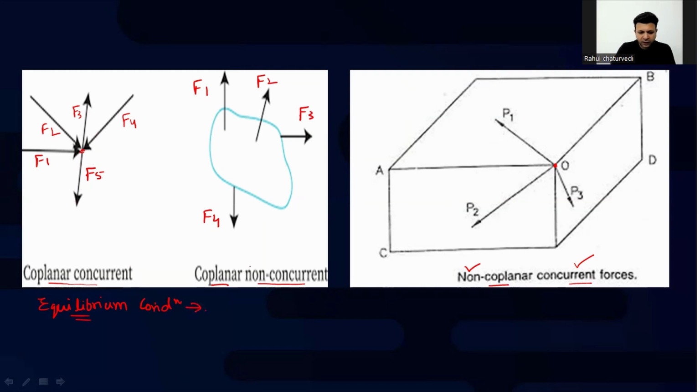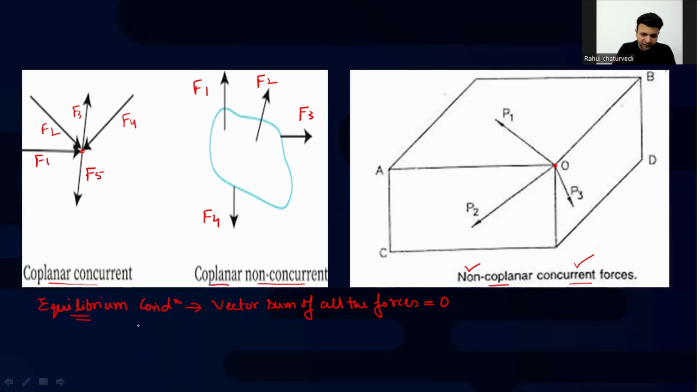A body is in equilibrium when the vector sum of all the forces acting on that body is equal to 0. Then we say that the body is in the equilibrium condition.